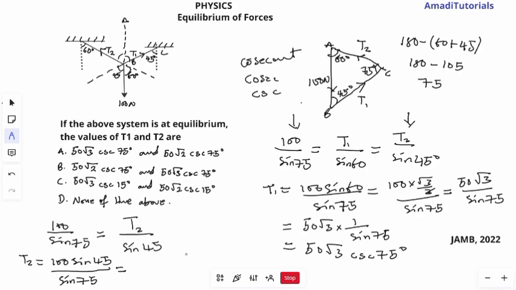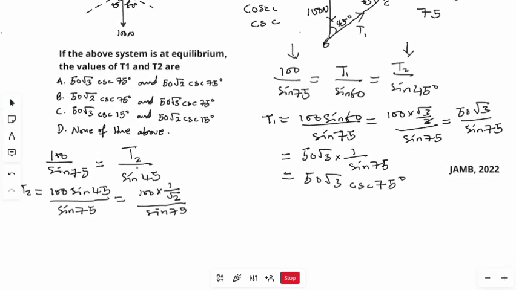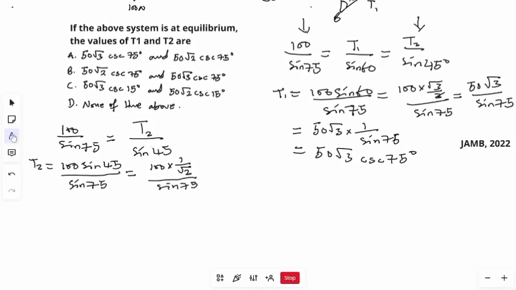Sine 45 is 1 over root 2, it's a special angle. So this is 100 times 1 divided by root 2, then everything divided by sine 75.